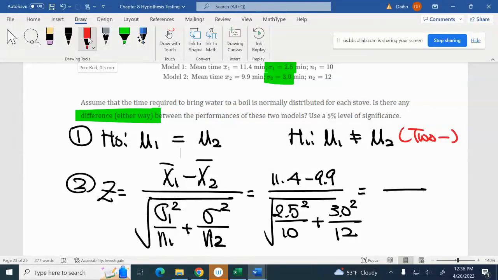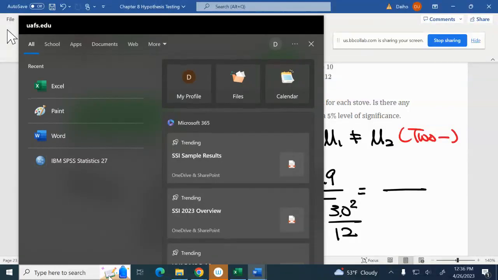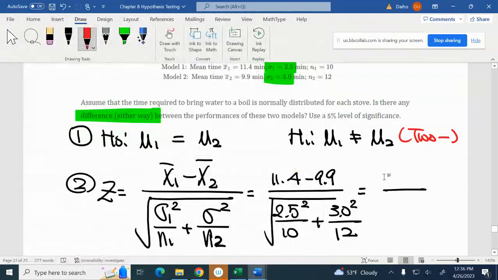So let me take the mean difference, 11.4 minus 9.9. It will be 1.5. And the denominator, take the square root of 2.5 square over 10 and 3 square over 12. Then it will be 1.1726.